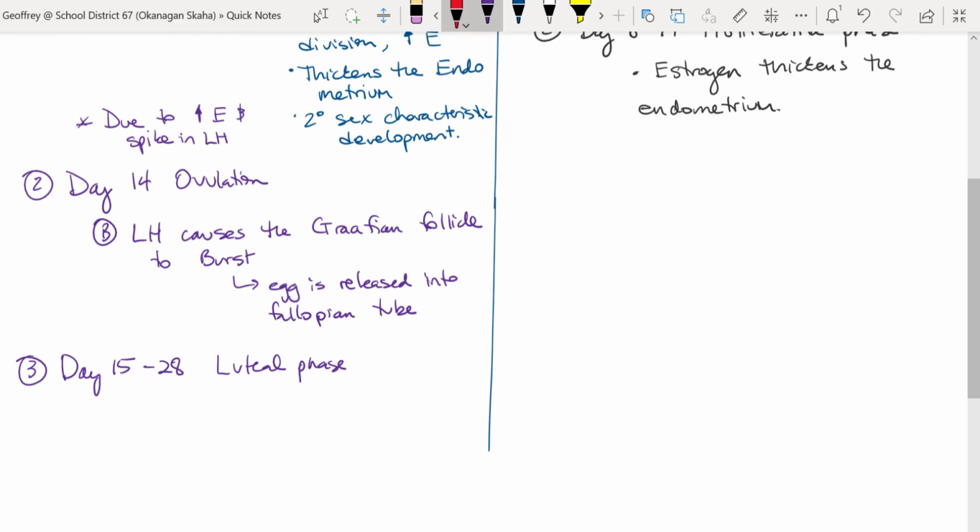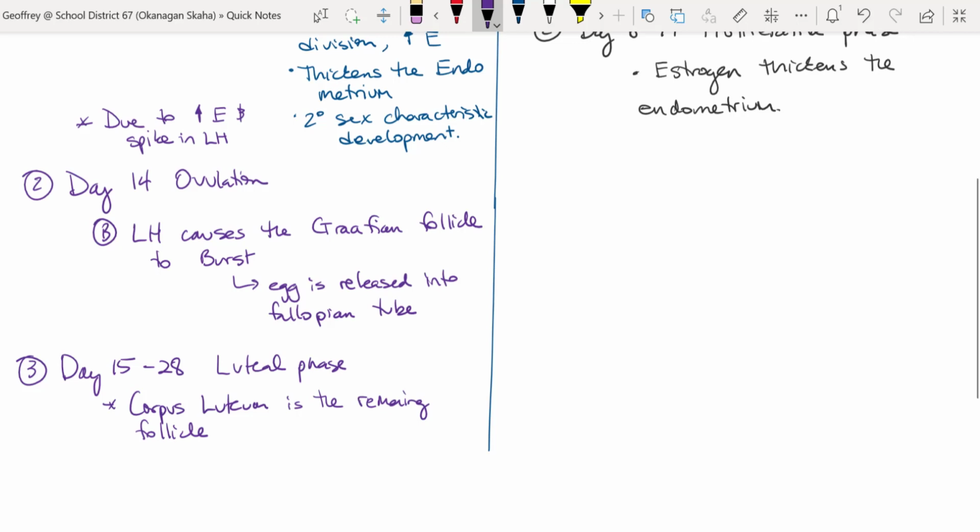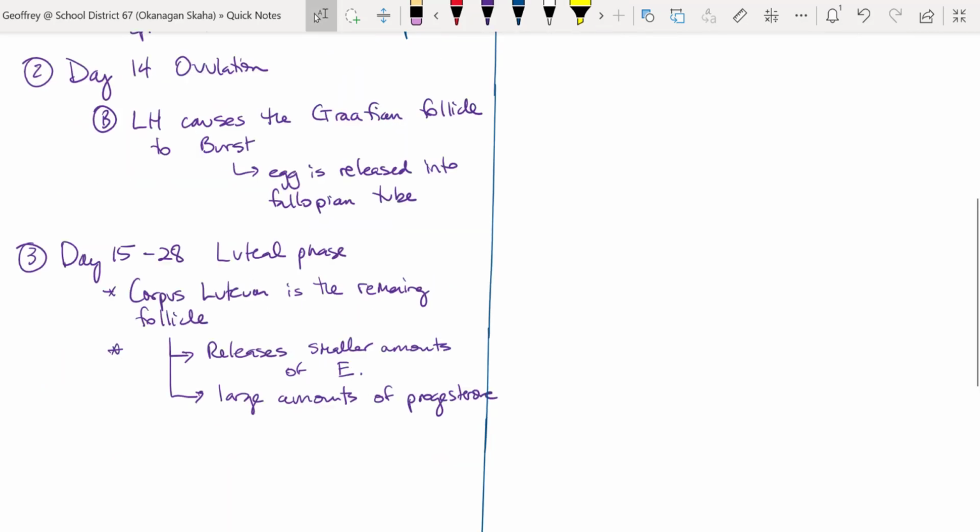All right, so just going back to the luteal phase here, the LH has caused the Graafian follicle to burst, and the egg is let out. All right, and so this results, so the corpus luteum is the remaining follicle, and the corpus luteum releases smaller amounts of estrogen and large amounts of progesterone.